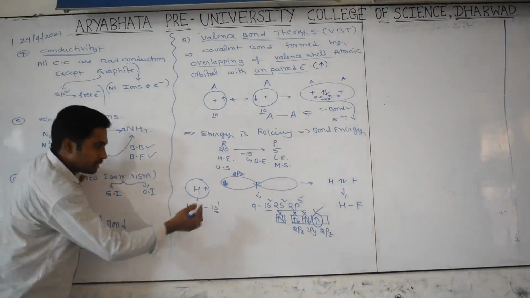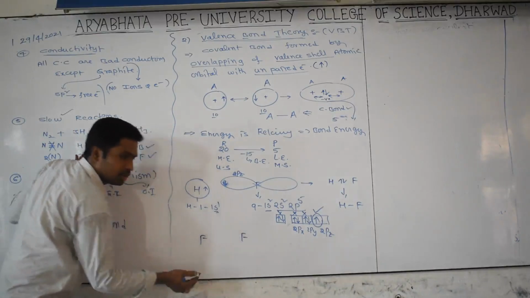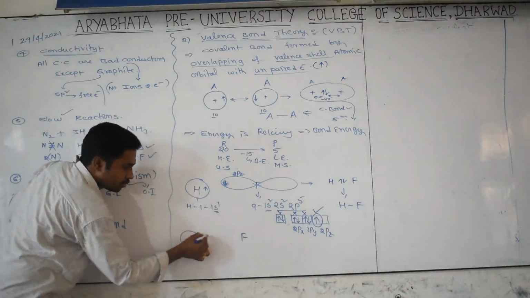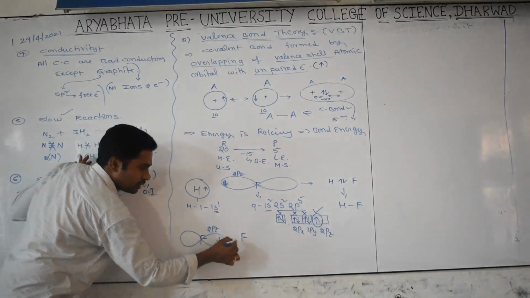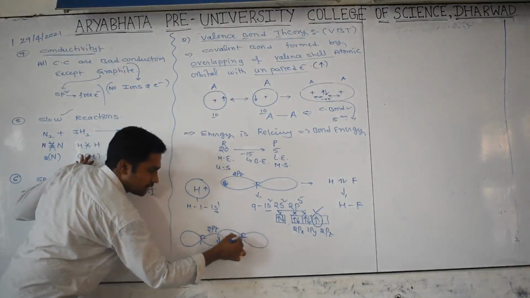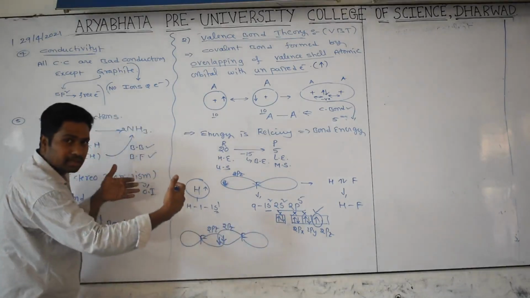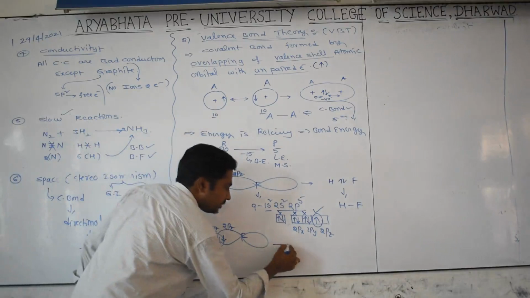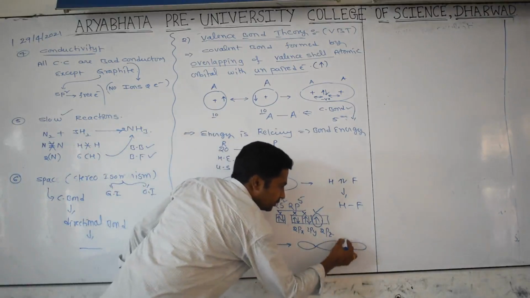Not like that. I am taking, for example, two fluorines, F and F. Already we studied that from F, the 2pz orbital is involved with a single electron, and from the other fluorine also we get a 2pz orbital with an unpaired electron. They are involved in intermixing. After intermixing, what do we get?